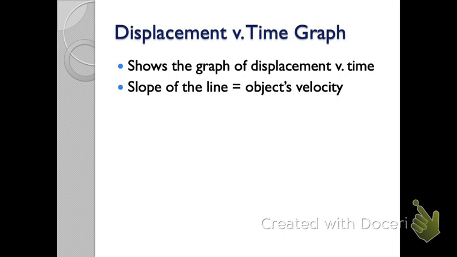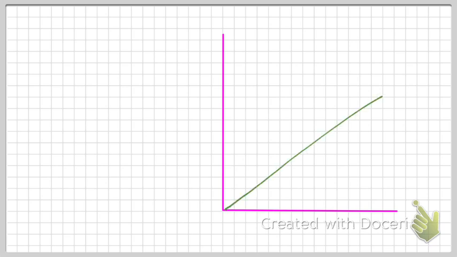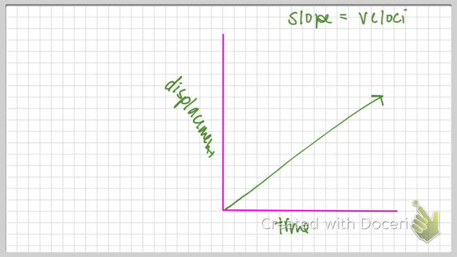If I have a displacement versus time graph and an object that's doing that, we said that displacement is on the y-axis and time is on the x-axis. If we were to calculate the slope of the line, that would be the same as calculating the object's velocity.